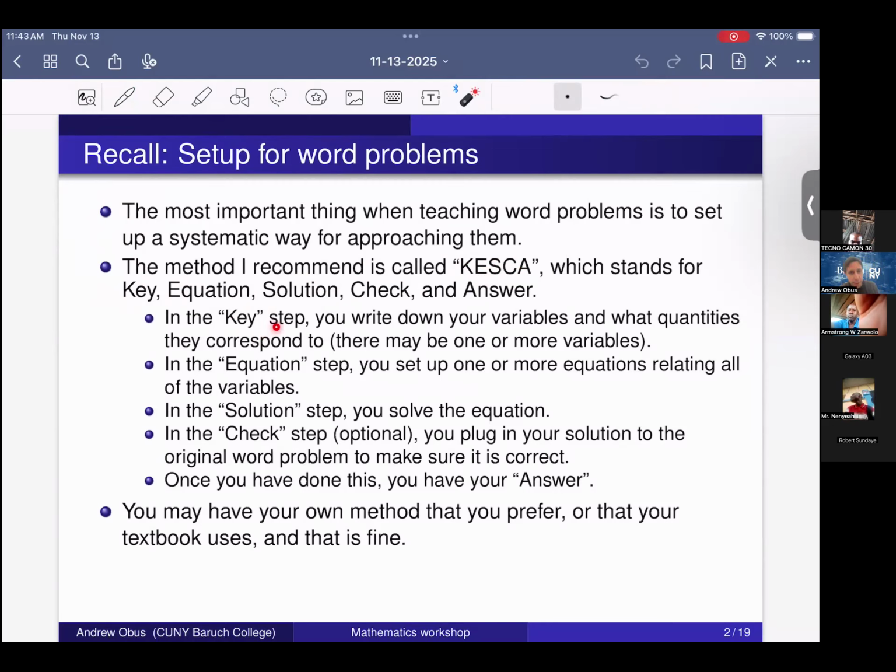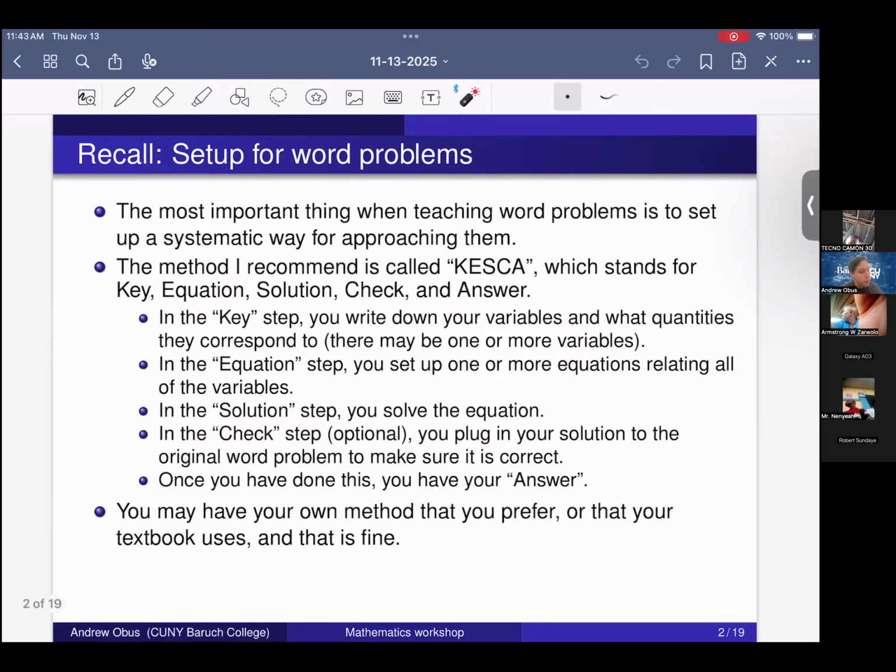In the key step, we write down our variables and what quantities they correspond to. Maybe there's one variable, maybe there's two or more. In the equation step, we set up one or more equations relating all of the variables. In the solution step, you solve the equation. In the check step, which we sometimes do and don't always do, you plug in your solution to the original word problem to make sure that it's correct.